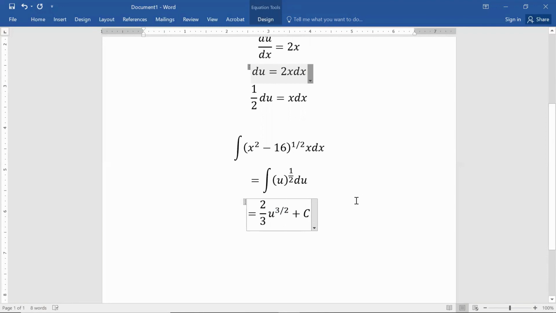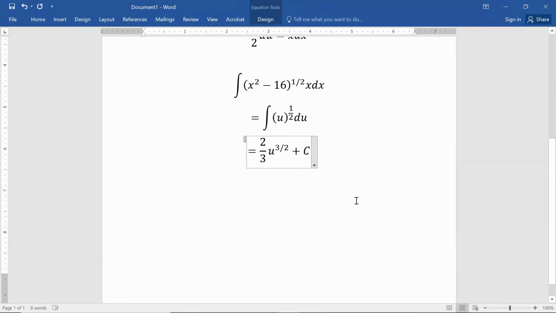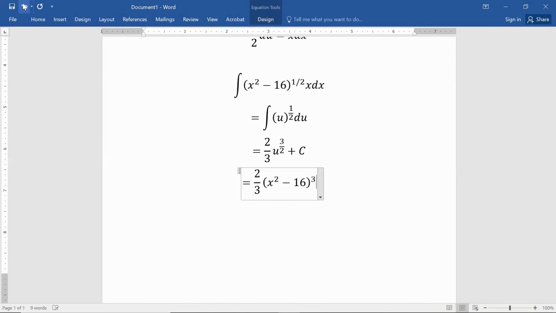In this scenario, u was x squared minus 16. So what we really have here in terms of x is 2/3 times x squared minus 16 raised to the 3/2 power. This is my final answer.